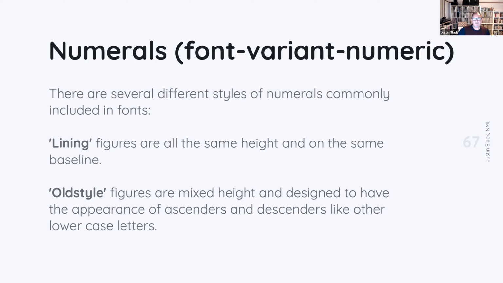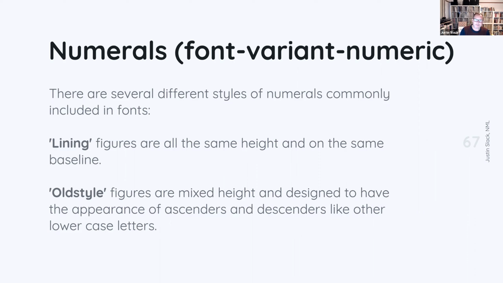So usually there's several different styles of numerals that are included in fonts. And there are generally two of these. One is lining, where figures are all the same height and on the same baseline, as in they're uniform, and that's what you want when you're presenting data that relies on numbers.